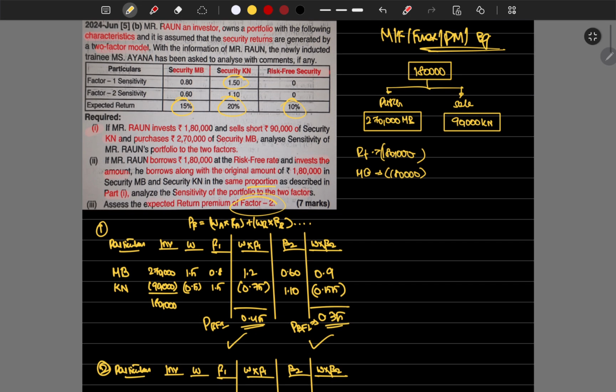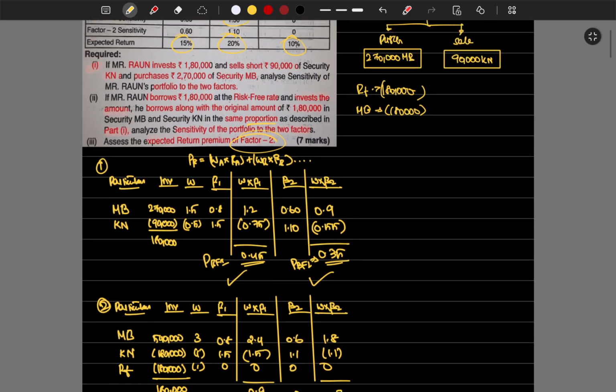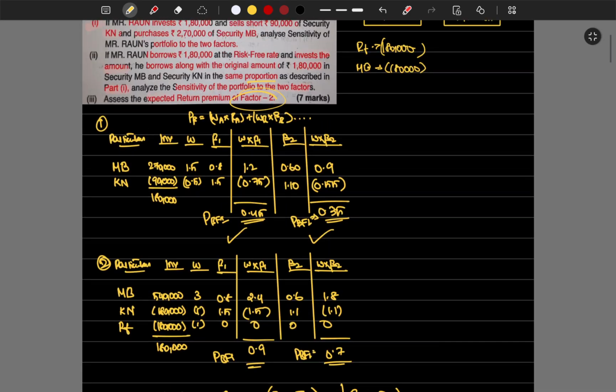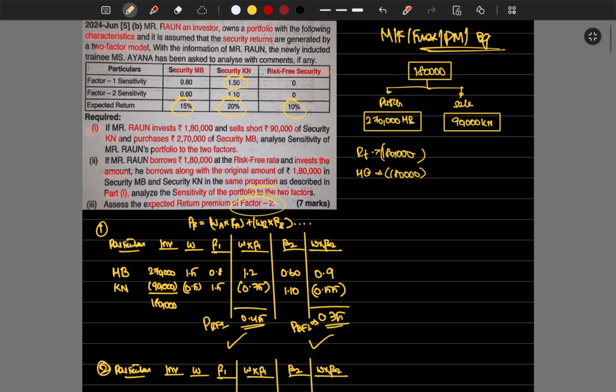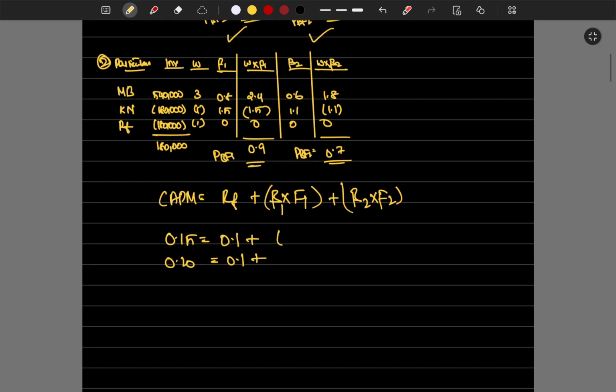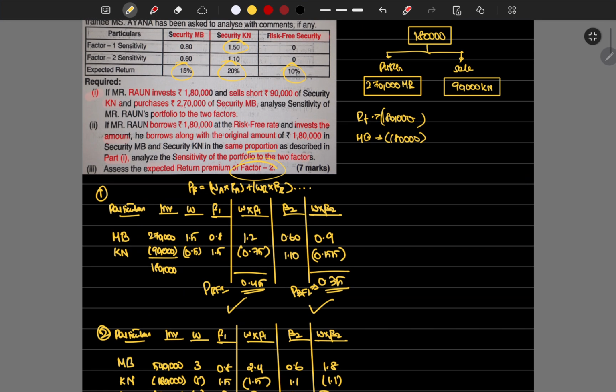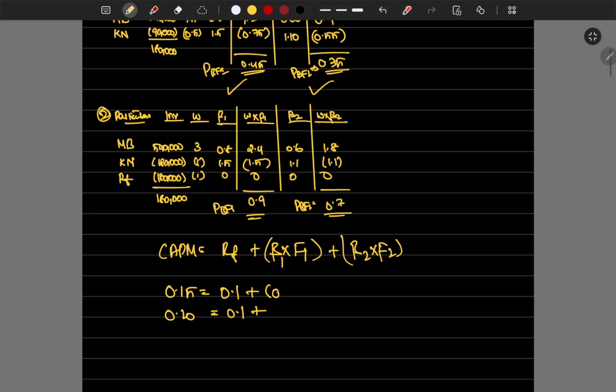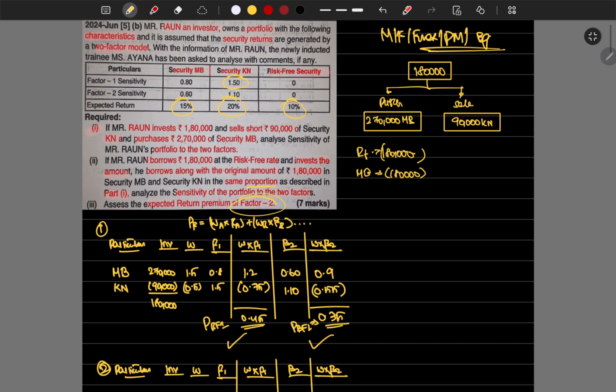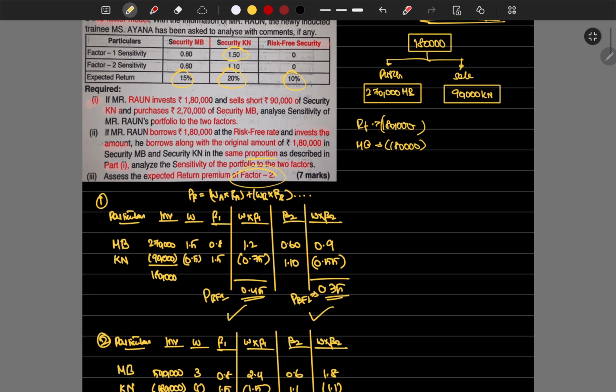Beta of 1 is MB only, right? 0.80, 0.60, 0.8 to 0.6, 1.5, 1.1.